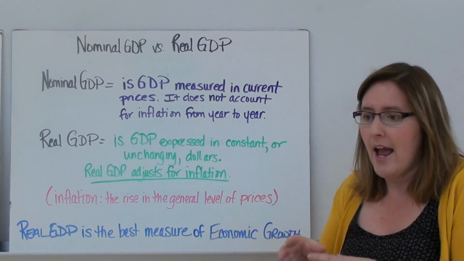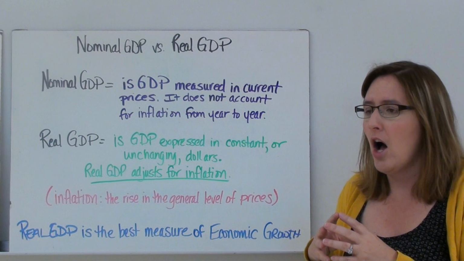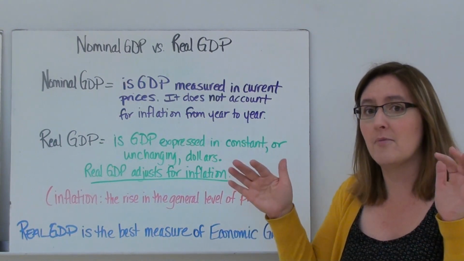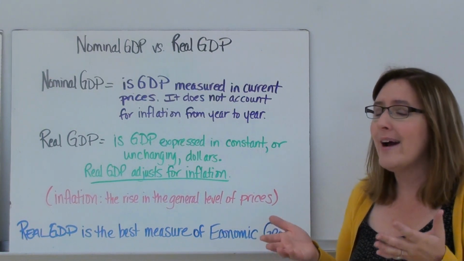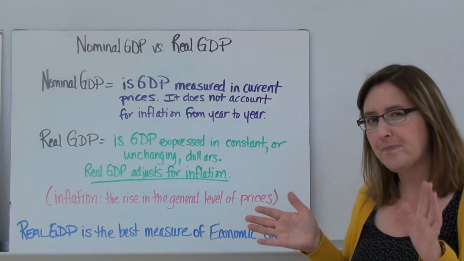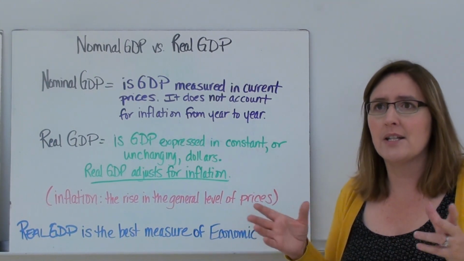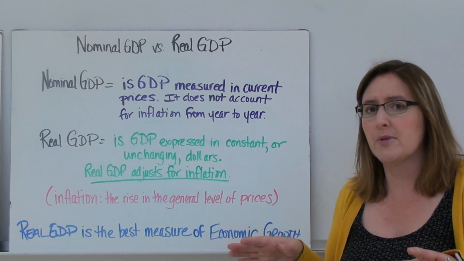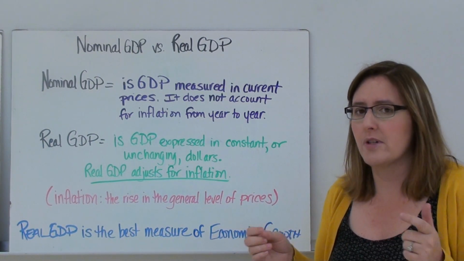That's inflation. And it's not just inflation for cheeseburgers or just gas, it's a general rise in price level across the board of everything. So when prices go up, that kind of makes GDP a little inflated. Remember, GDP is the dollar value of all final goods that have been produced in a country's borders in 1 year.